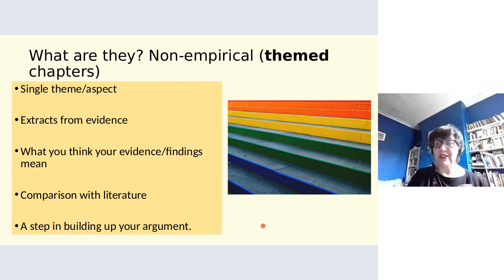But remember, each chapter of this style of dissertation is a step in building up your argument because you are building an argument throughout your whole dissertation. So rather than in just a single essay where each paragraph might be a step building up your argument, here it's a whole chapter building up that argument.